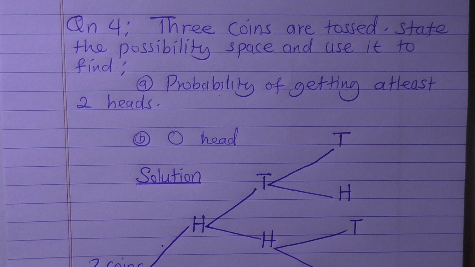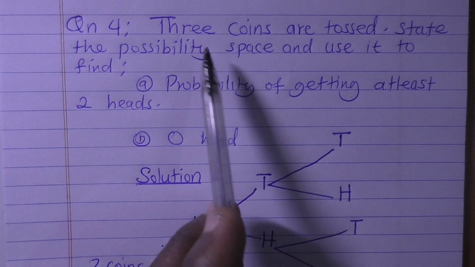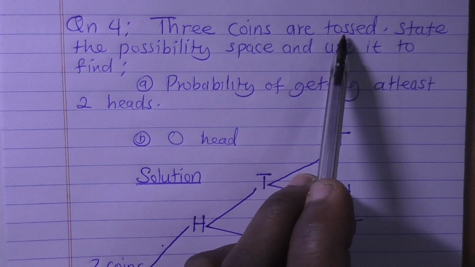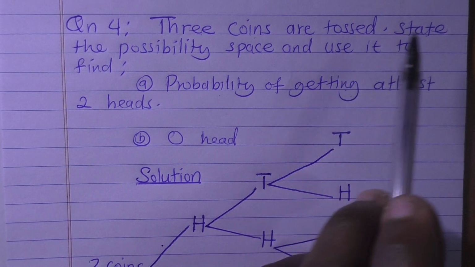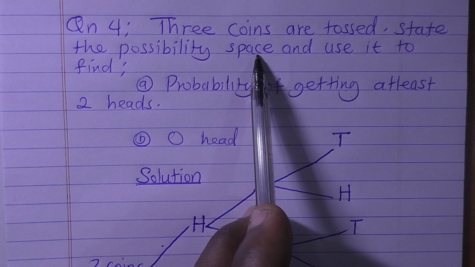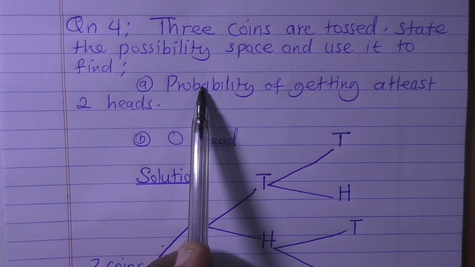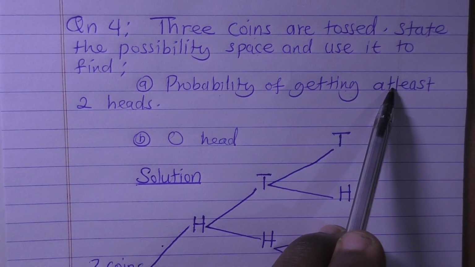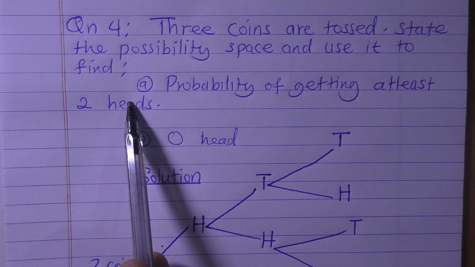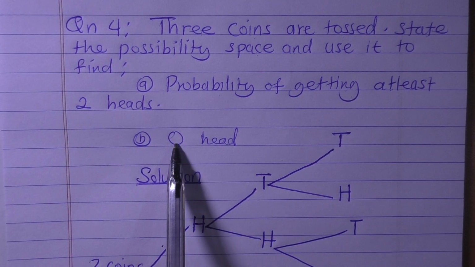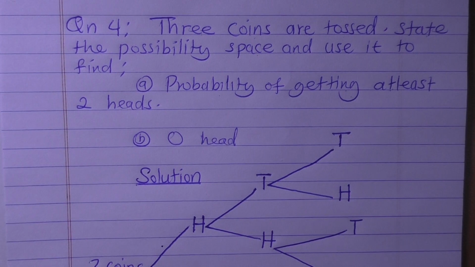The fourth question tells us that 3 coins are tossed. So they want us to state the possibility space and use it to find the probability of getting at least 2 heads or the probability of getting 0 head.